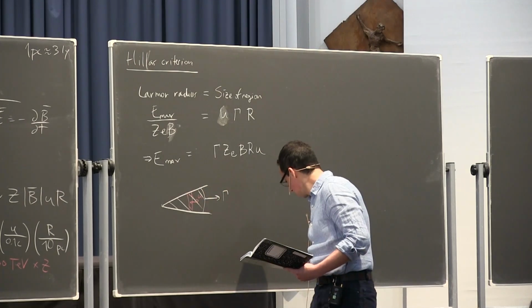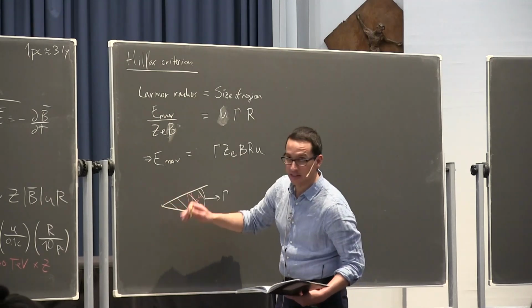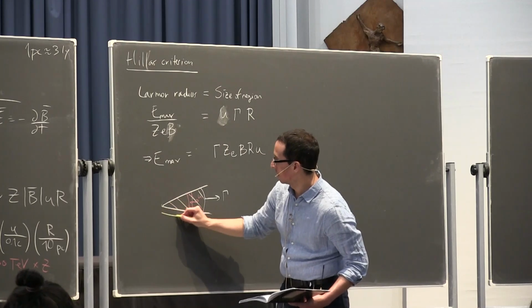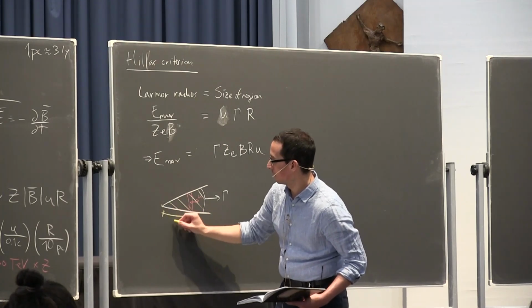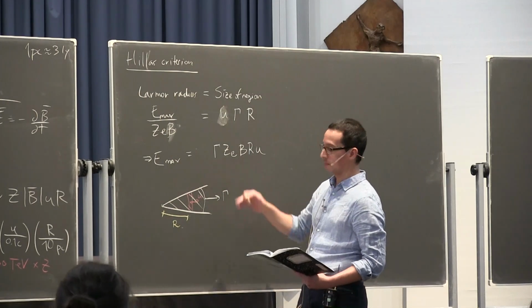The distance from the central emitter, so the center of the supernova remnant in this case, from where the particles were originally emitted, to the shock front, that is roughly the size of the acceleration region. That's what this is saying.